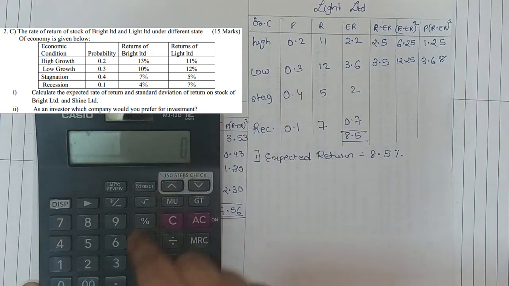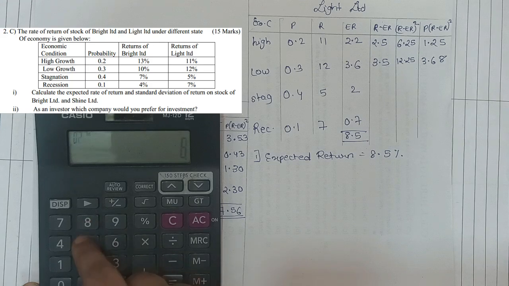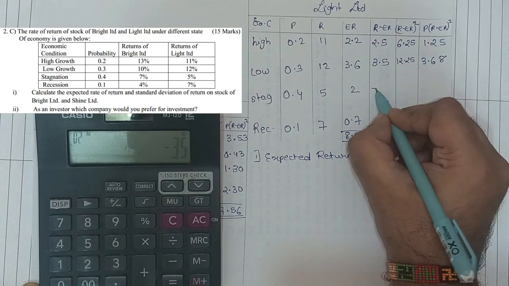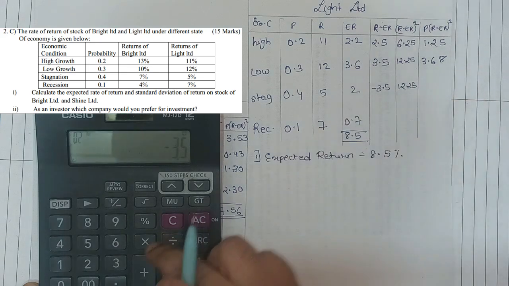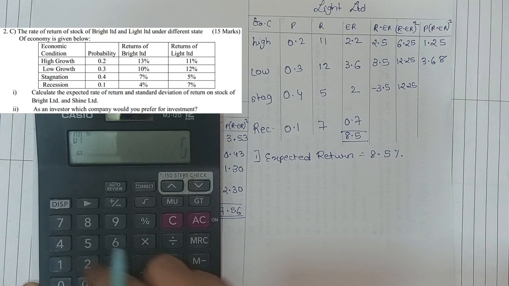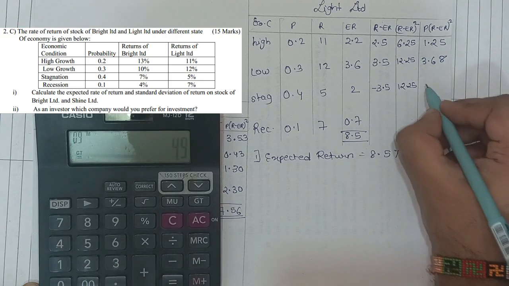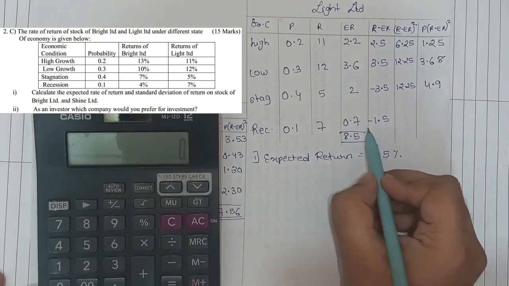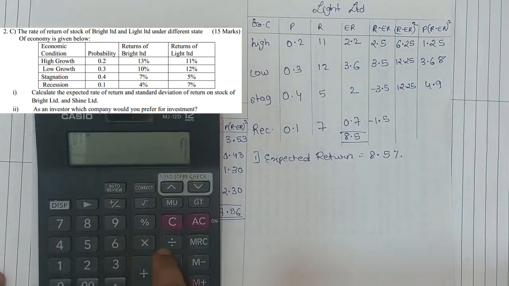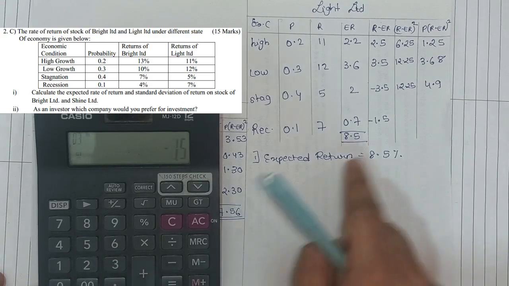Next we have 5, so that is 5 minus 8.5, which comes to negative 3.5. The square will be 12.25 into 0.4, which comes to 4.9. Okay, next is 7 minus 8.5, which comes to negative 1.5.